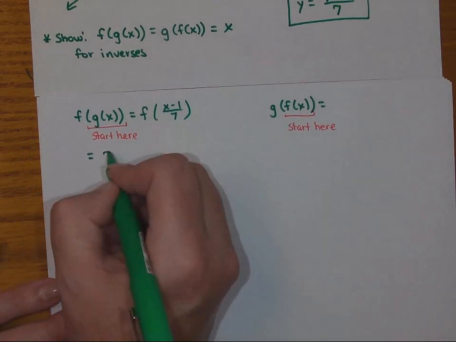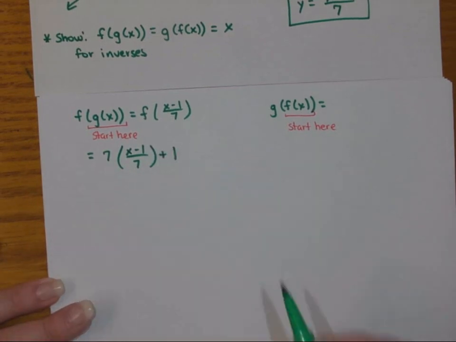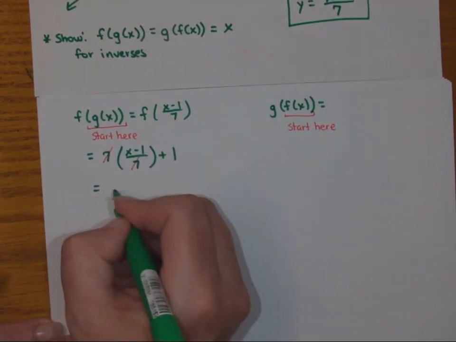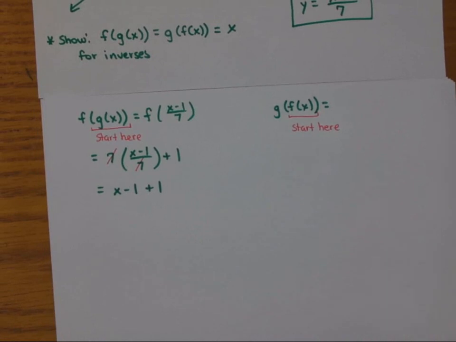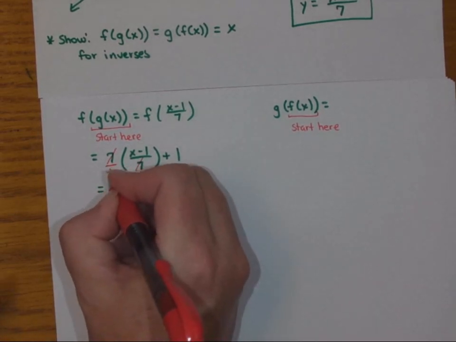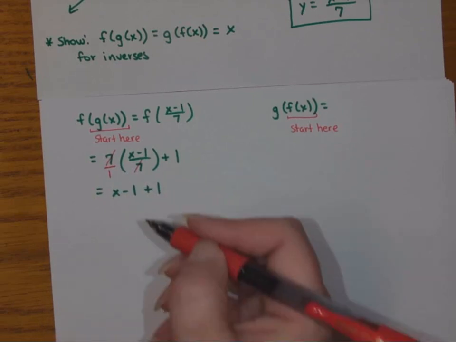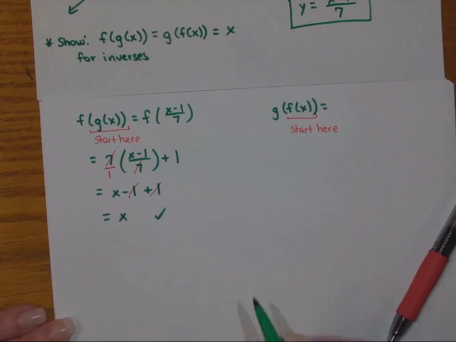So I'm going to get 7 times x minus 1 over 7, and then plus 1. Notice, in this case, the 7's would go away. We would get x minus 1 plus 1 once we cancel the 7's, because remember, this is like 7 over 1, if you're wondering why I was able to cancel that out. So 1's on top and 1's on bottom. And then this goes away, leaving x. So I'm going to put a check mark here.